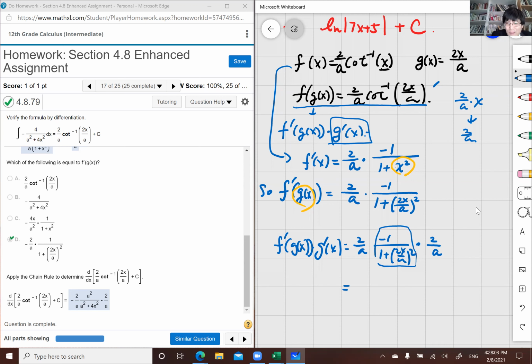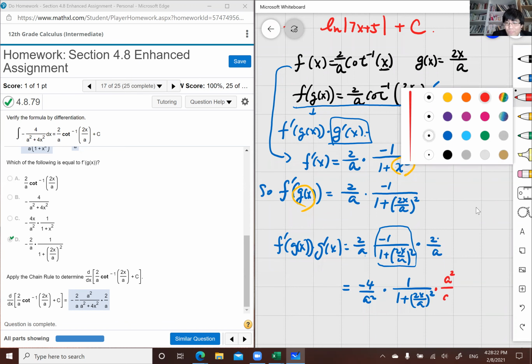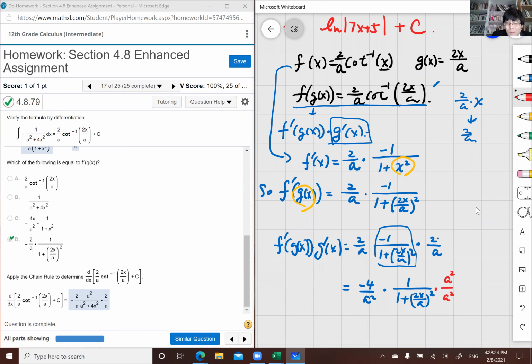I don't like this fraction much. So first of all, 2 times 2 is 4, times negative 1. A times a is a squared. And we are left with this. Multiply top and bottom by a squared, to reduce the fraction here.